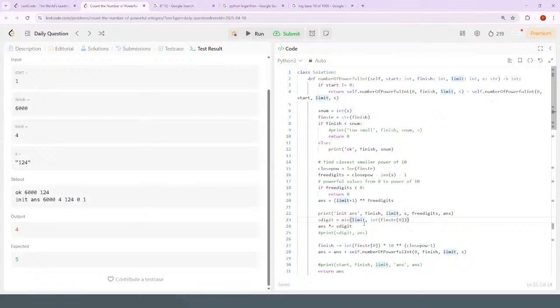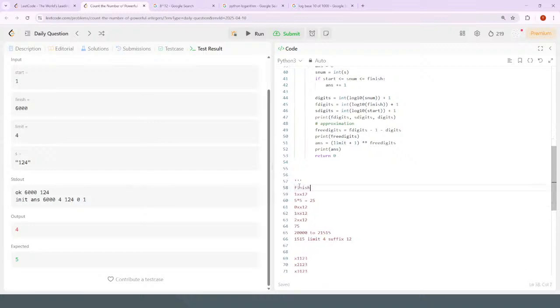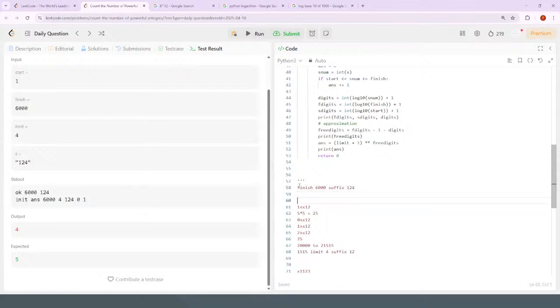No, 4 as the multiplier. Alright, so if it was something where the finish is 6,000 and its suffix is 124, so it's like x124, so it could be 0, 1, 2, 3, or 4.